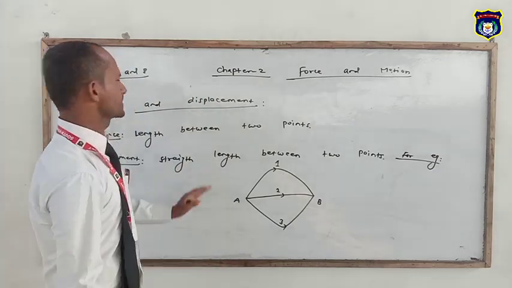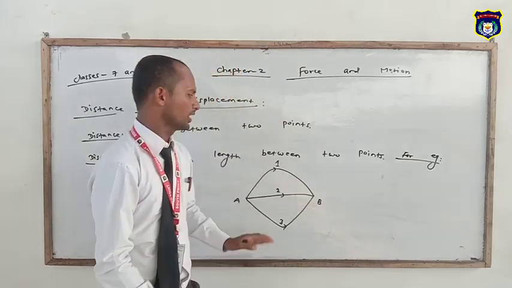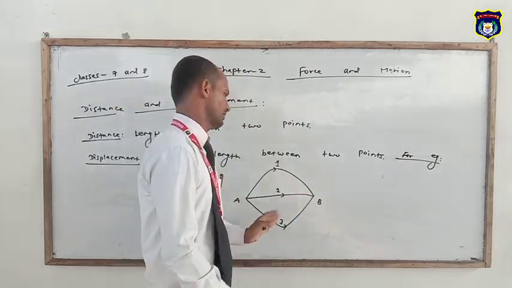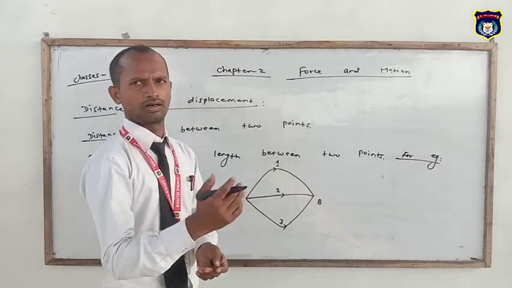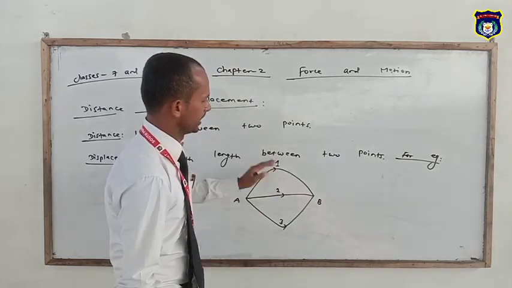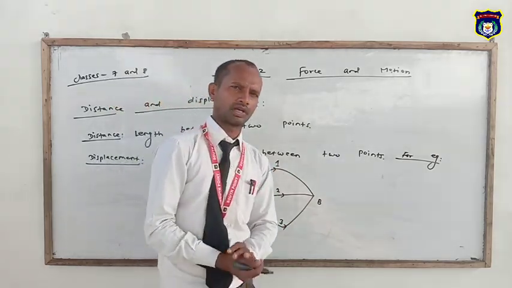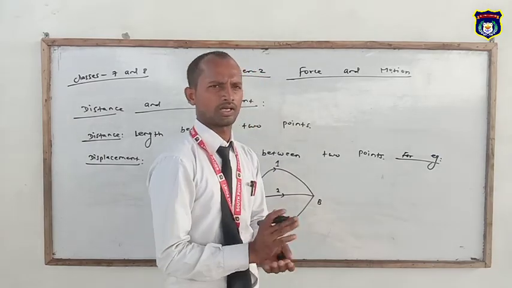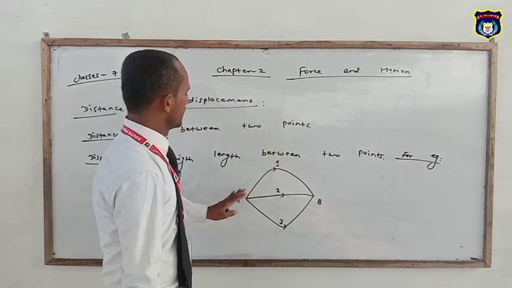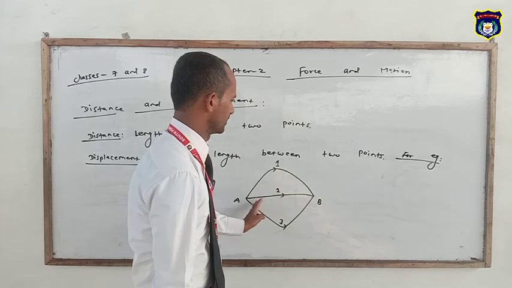And so displacement can also be defined as the shortest path between 2 points, the shortest and straight path. The shortest path is the straight path. No other path is shorter than a straight path, so straight path and shortest path have the same meaning. So a straight path or shortest path between 2 points is called displacement.